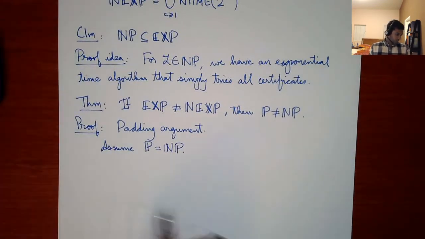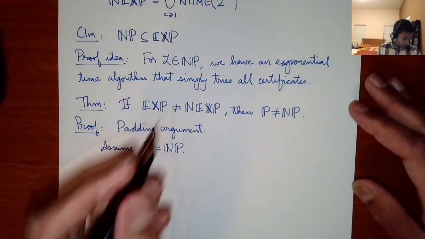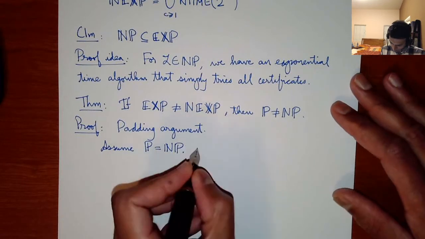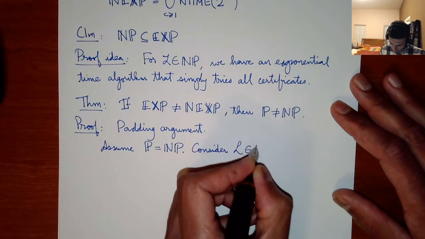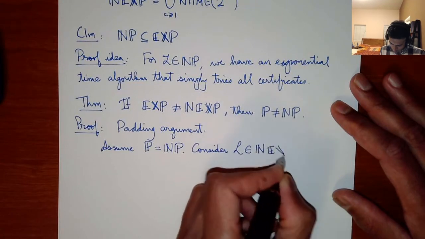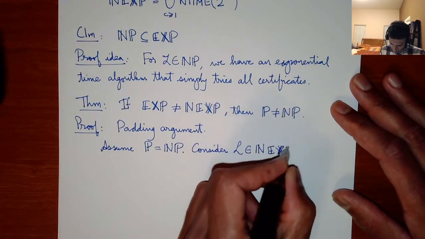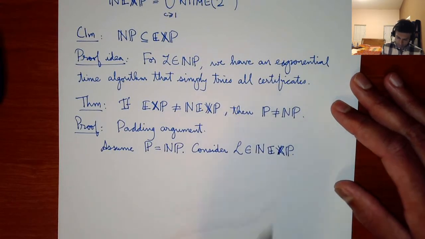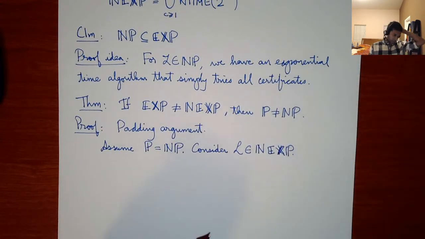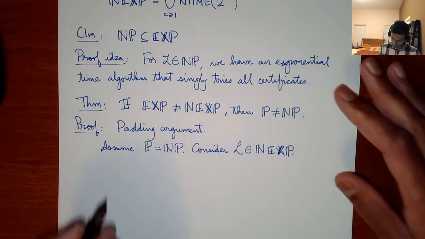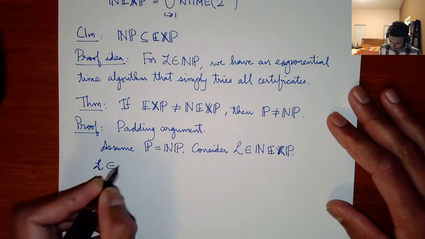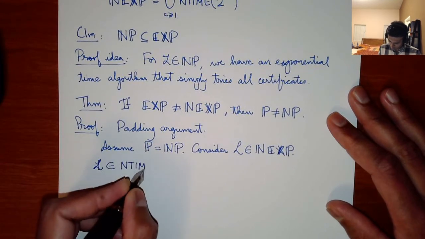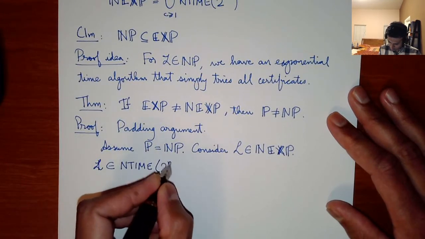And so the way this works is, consider some language L in non-deterministic exponential time. Let's think of it in terms of a non-deterministic Turing machine. So that means that L is in NTIME(2^(n^c)).